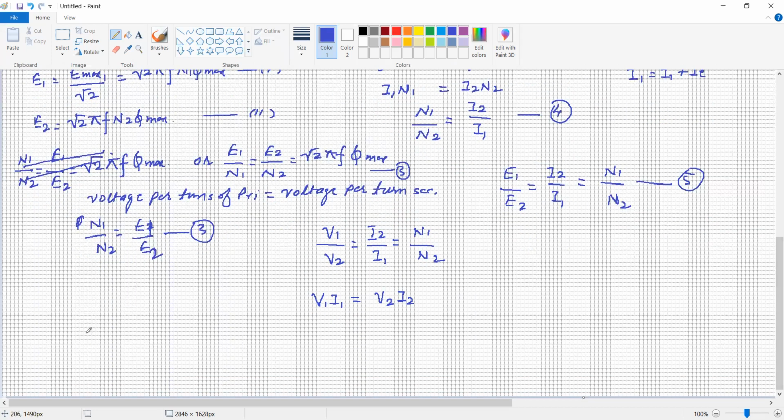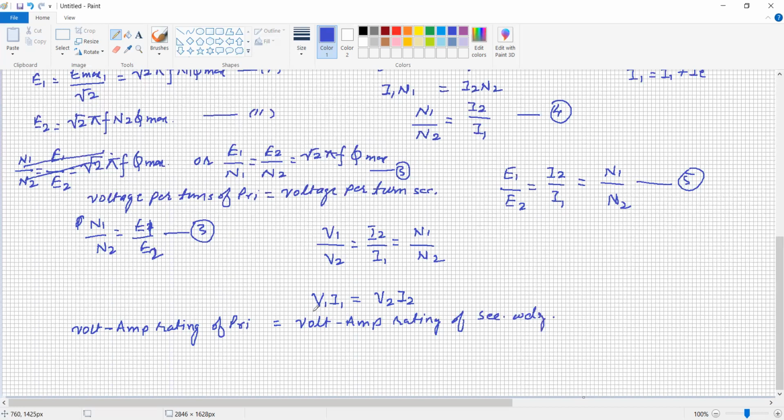It means that the volt ampere rating of the primary is equal to the volt ampere rating of the secondary winding.